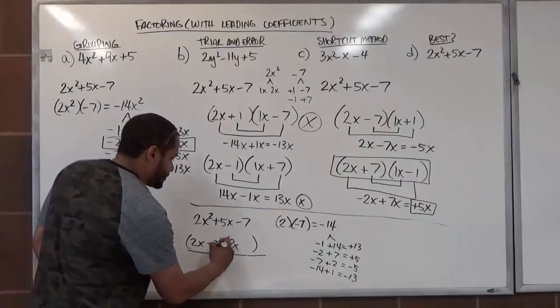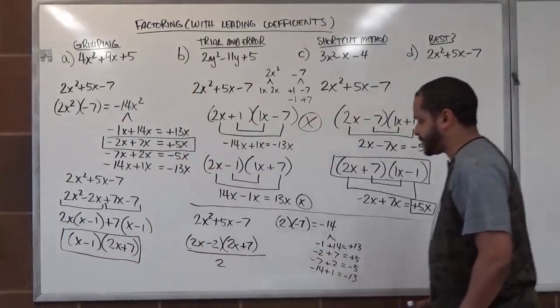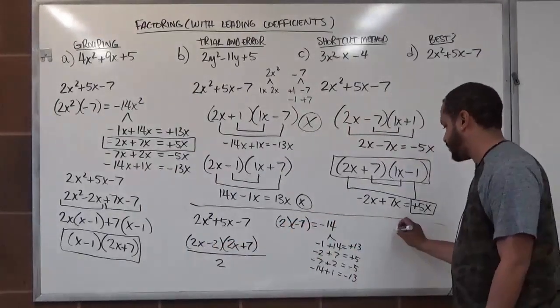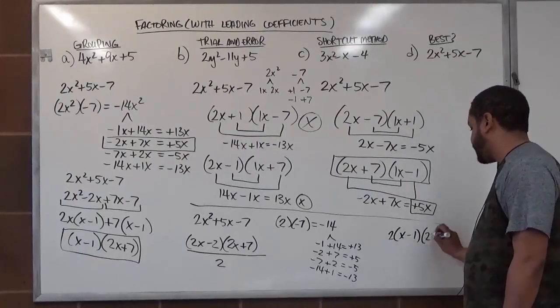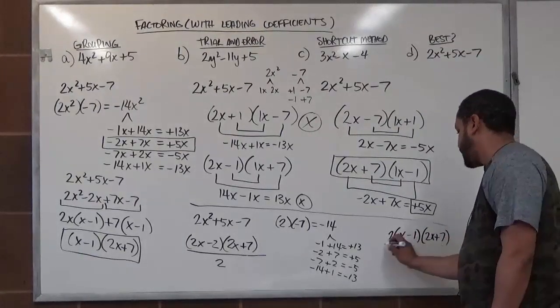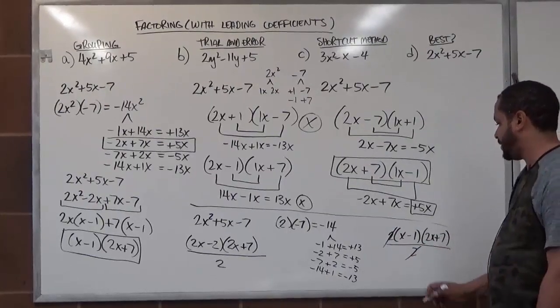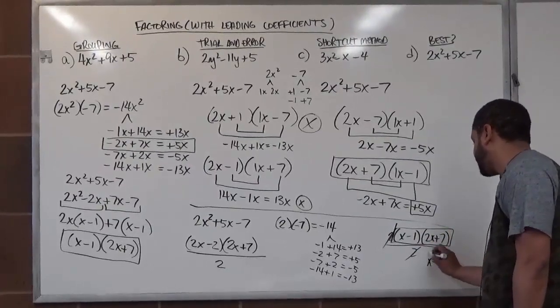So we put the minus 2, we put the plus 7, and what we're going to do is factor out the greatest common factor, right? So 2x minus 2 has a factor of 2 in common. What we have left is x minus 1. We have 2x plus 7 left, and that's all over 2, and the 2's perfectly go away. And here we have our factor set, x minus 1, 2x plus 7.